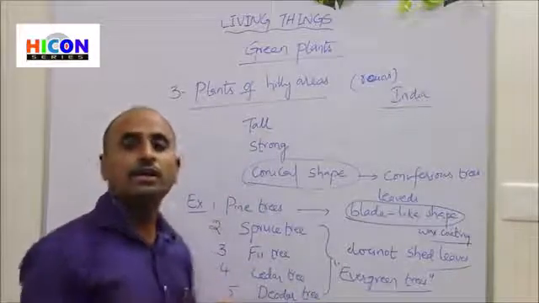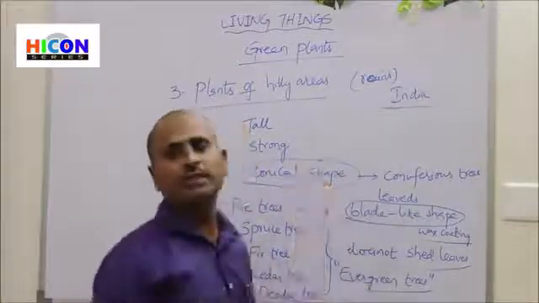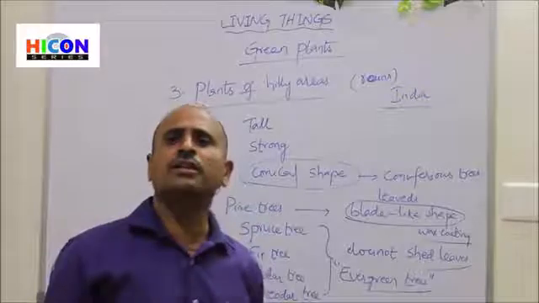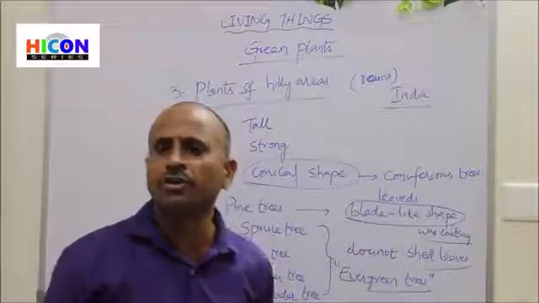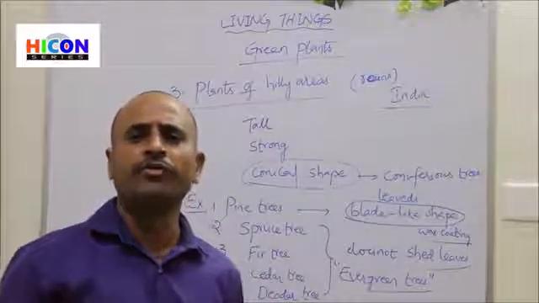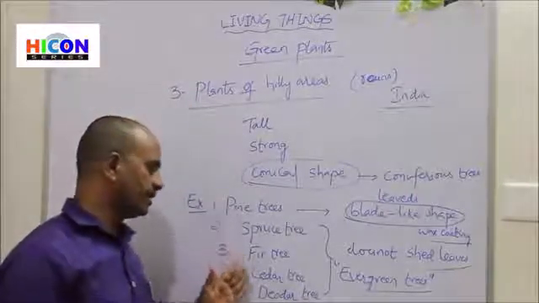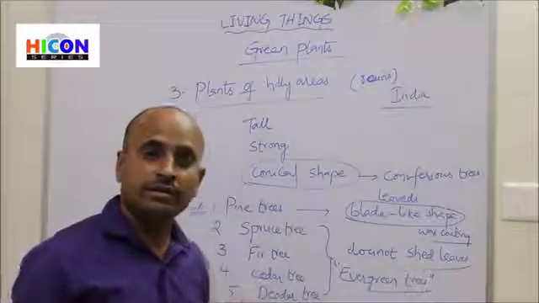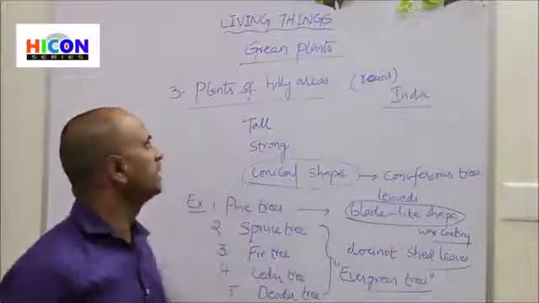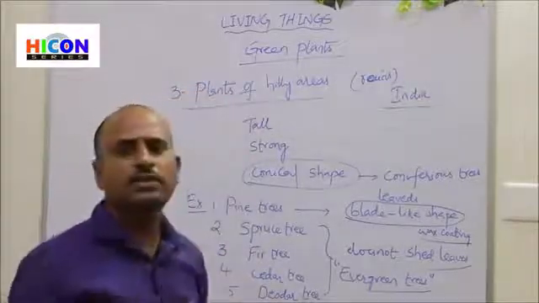The most popular tourist hill stations are Mussoorie, Kodaikanal, Nainital, Simla, etc. If you go to any one of these hill stations, or Darjeeling, you can observe pine trees, spruce tree, fir tree, cedar tree, deodar tree, and we can observe them in cinemas also. So this is about plants of hilly areas.